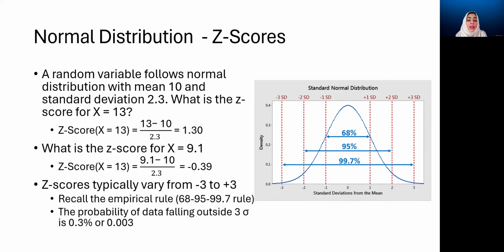Now, the z-scores typically vary from -3 to +3. And since we know that the standard deviation of a standard normal distribution is 1, 3 or -3 means actually 3 standard deviations from the mean.